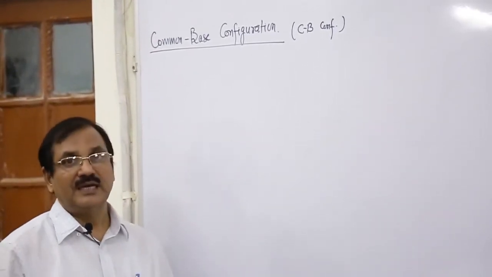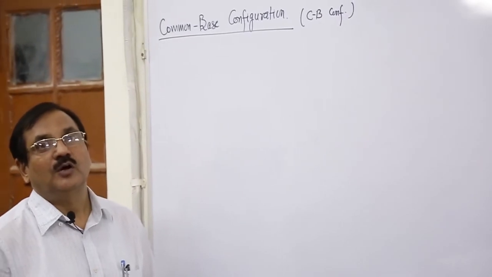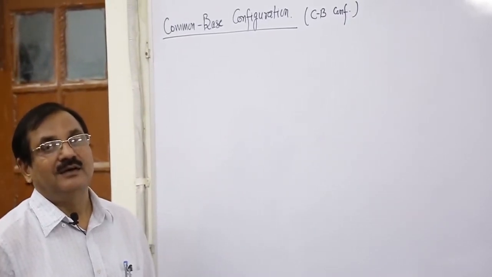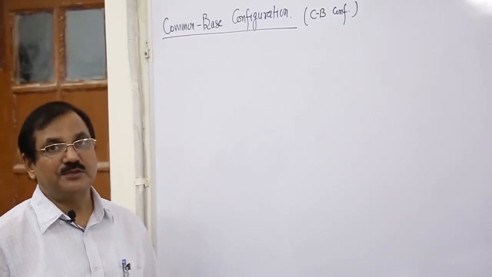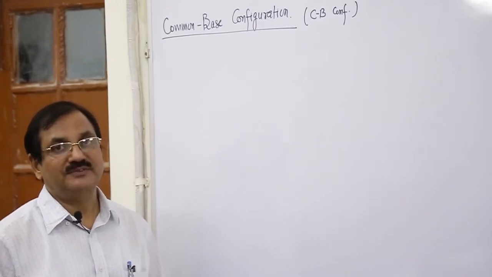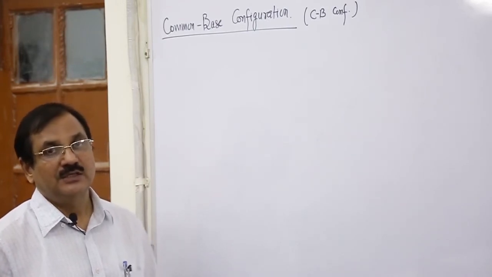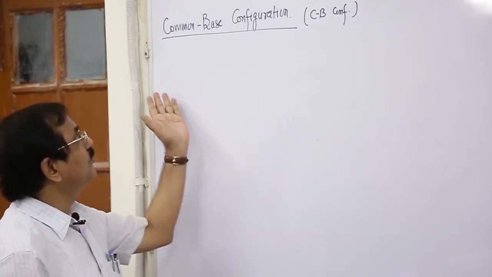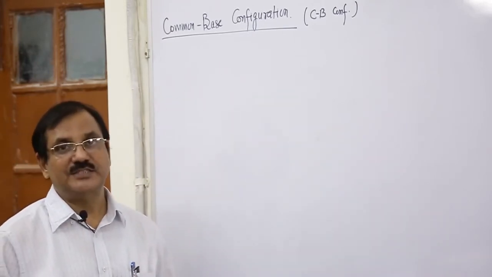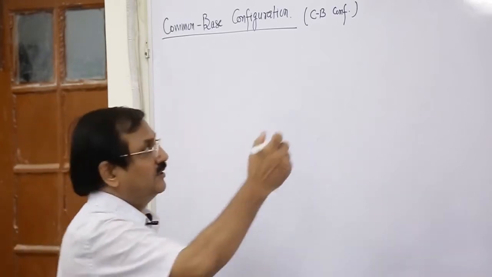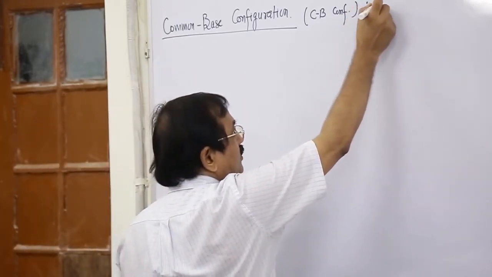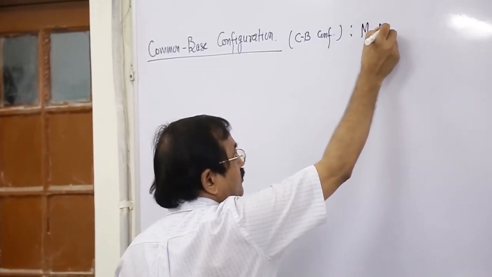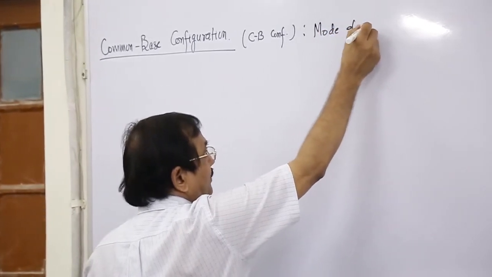As we have already discussed the action of the transistor by assumptions of the common base configuration, again we have to go for the common base configuration. We have the mode of operation.